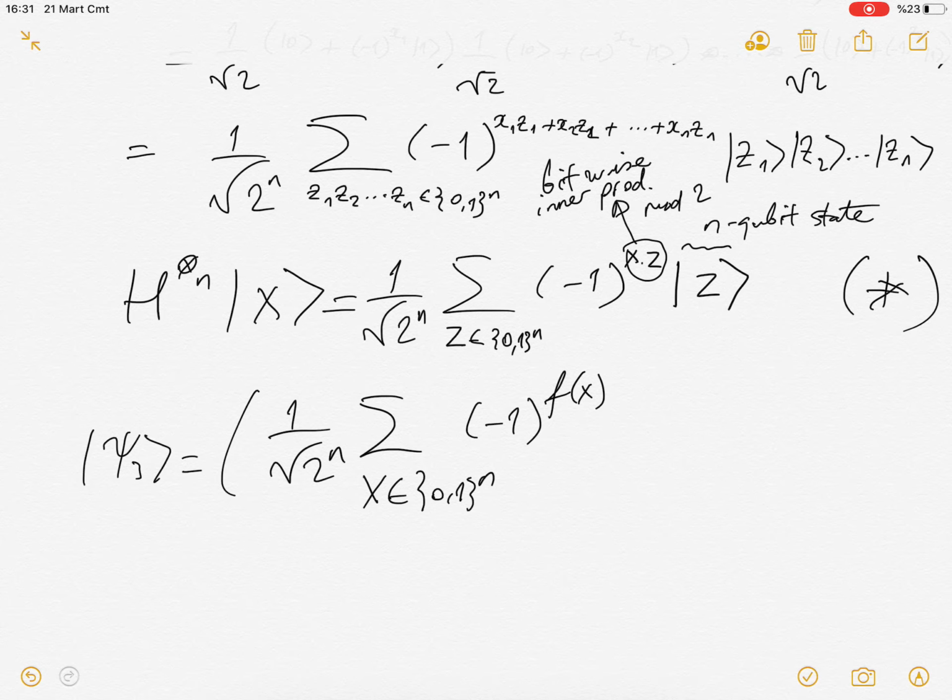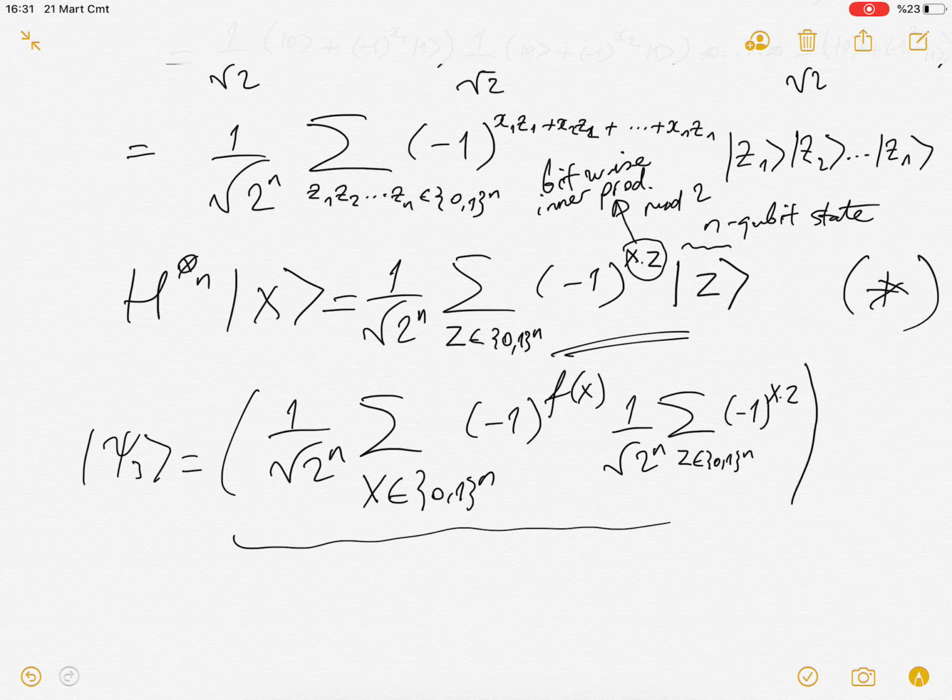And then we have this factor: 1 over square root 2 to the power n, summation over boldface z, which is an element of 0, 1 to the n, minus 1 to the power x times z.